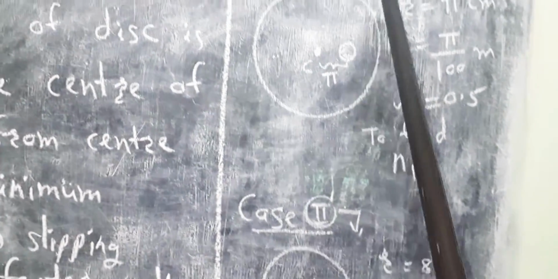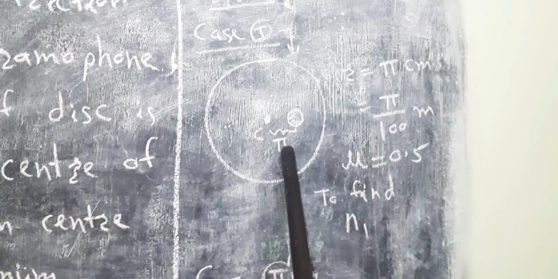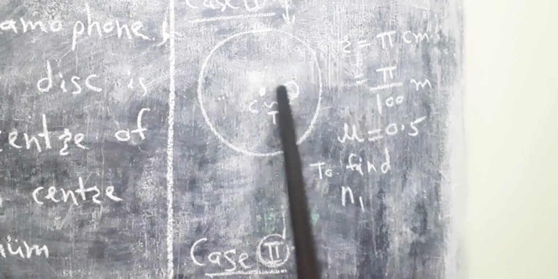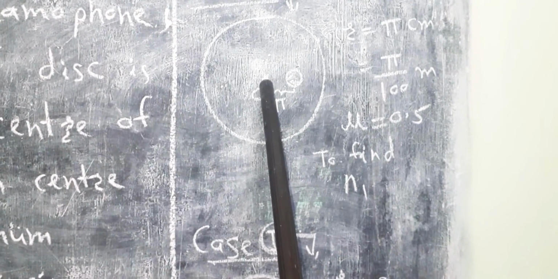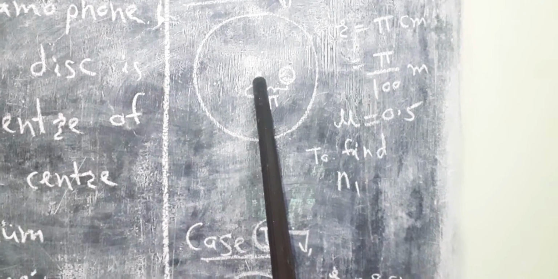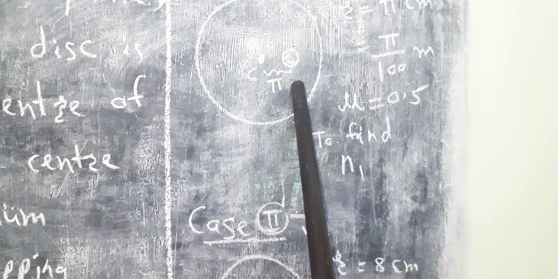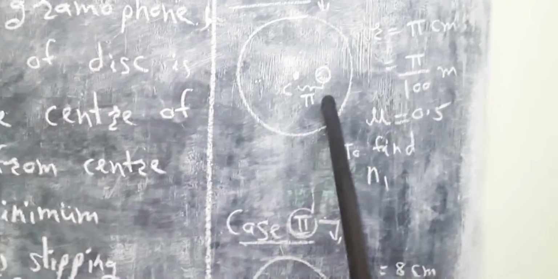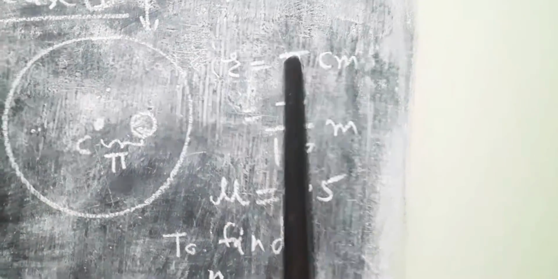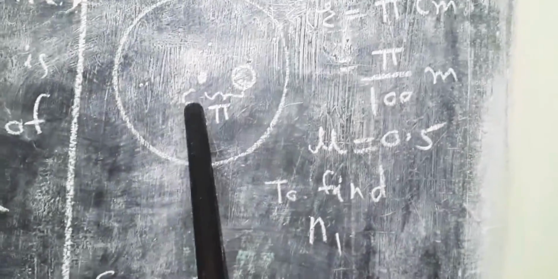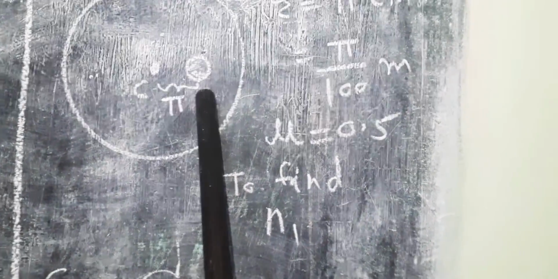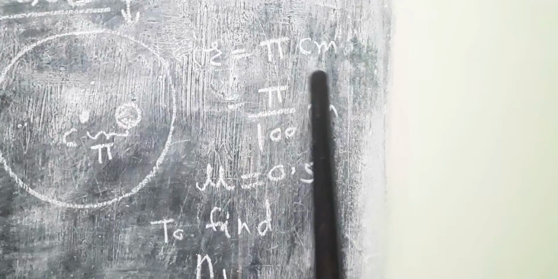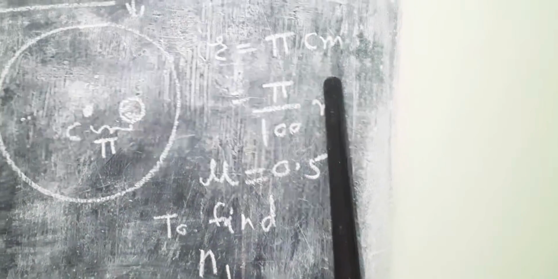This big circle indicates a gramophone disc. So this coin is placed away from the center at a distance pi centimeter. So in this case, the value of r is equal to pi centimeter, the distance between the center and the center of the coin.